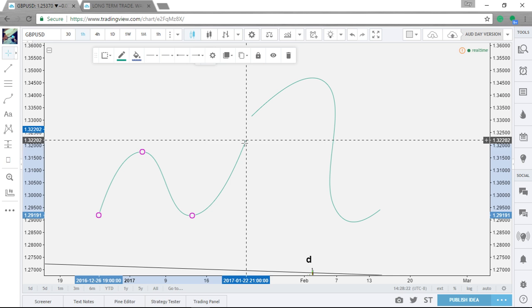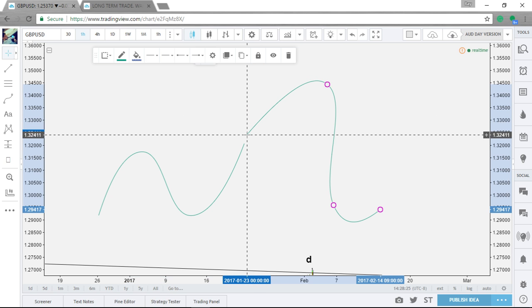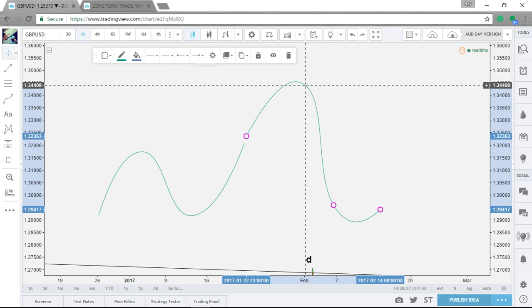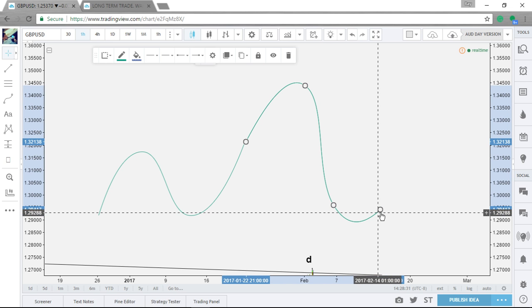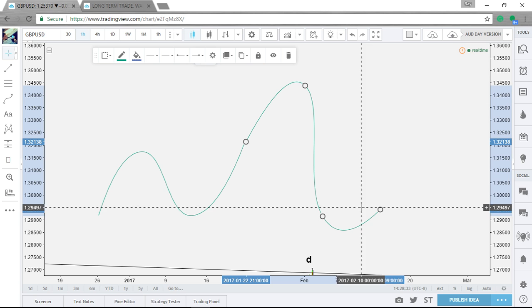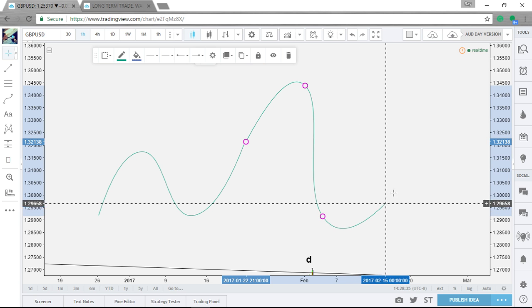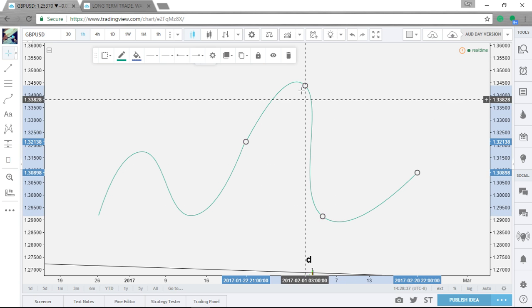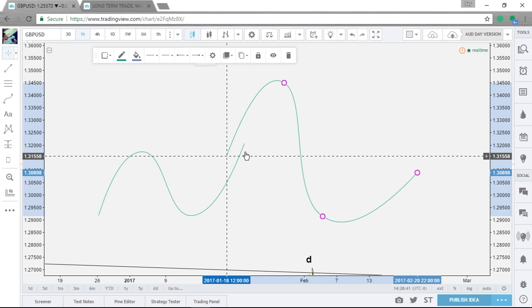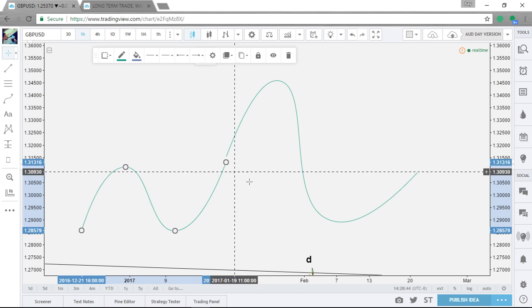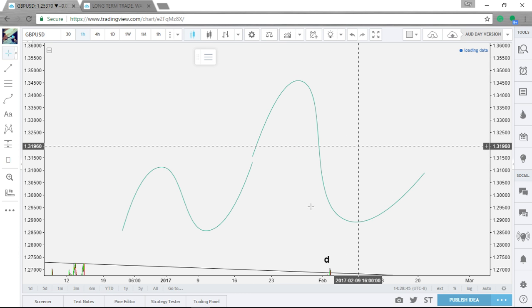Now write that down if you have a pen or a paper, or write it down in your head, or remember it. The market moves in waves. That's never changed. If you take a look at any graph, whatever graph you may see, the market moves in waves.